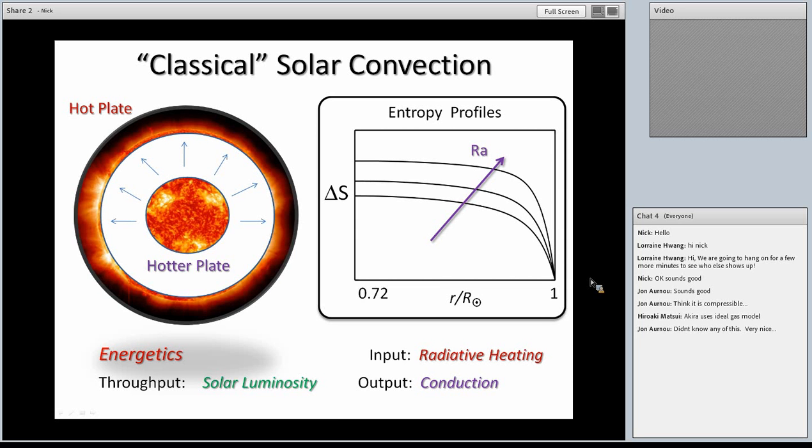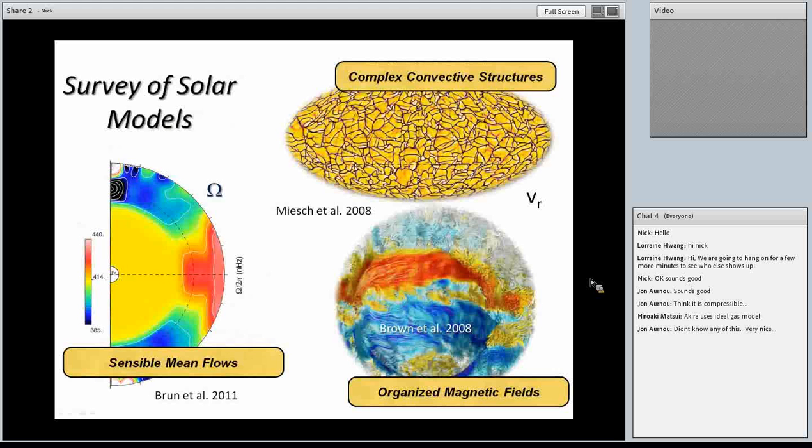I was a little torn on what to present as far as results from this go, so I just thought I would make a little collage of some of the big results from these modeling efforts, and really these all came out of Yuri Tomeri's group. But generally speaking, you can well reproduce the solar differential rotation, so you get sensible mean flows.